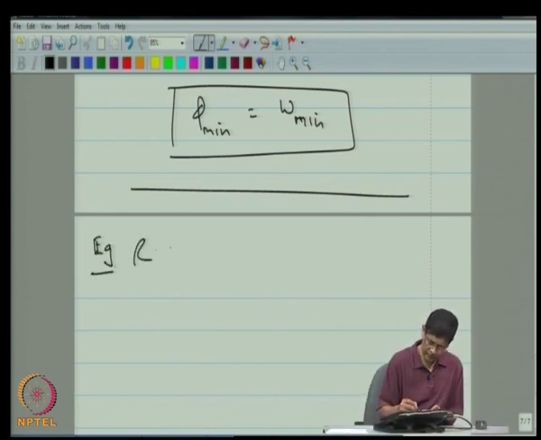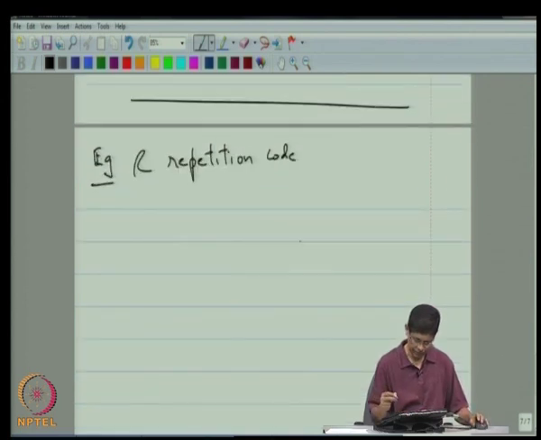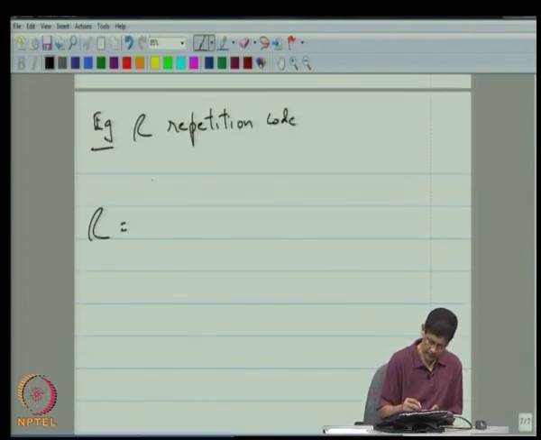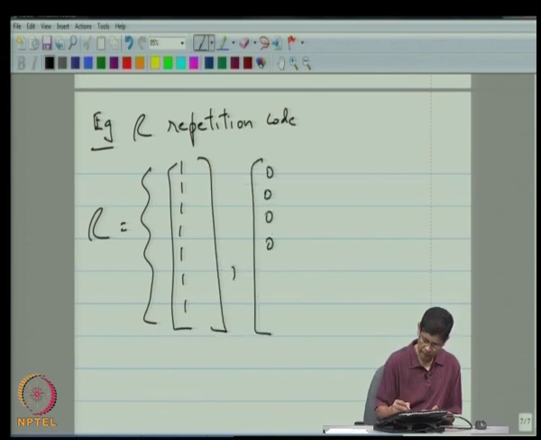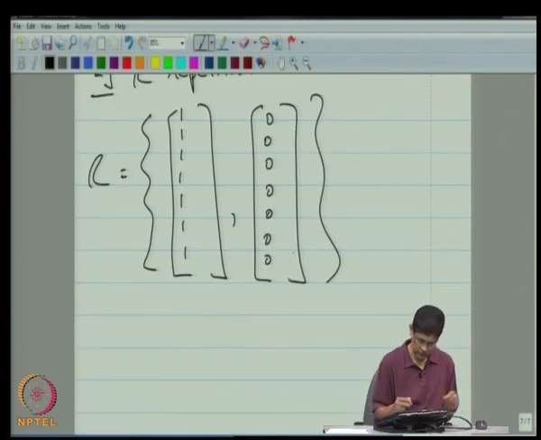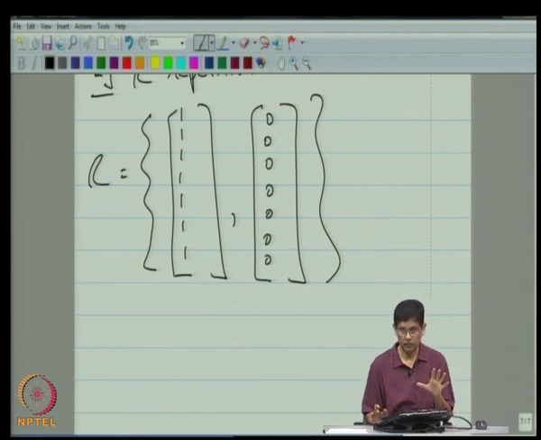Supposing we take C to be the repetition code, then we know that C only contains 2 code words, the all 1 code word and the all 0 code word. So, when we compute W min of a code, of course, we must look at the minimum Hamming weight of a non-zero code word.